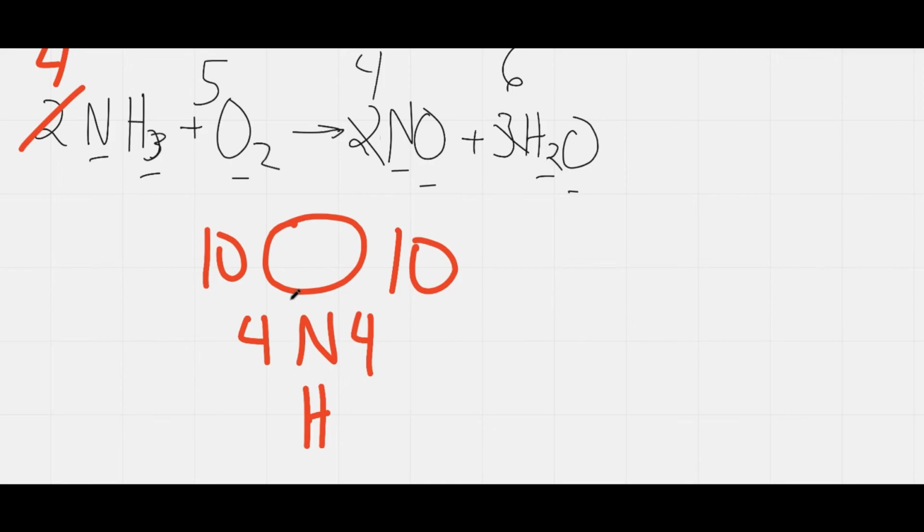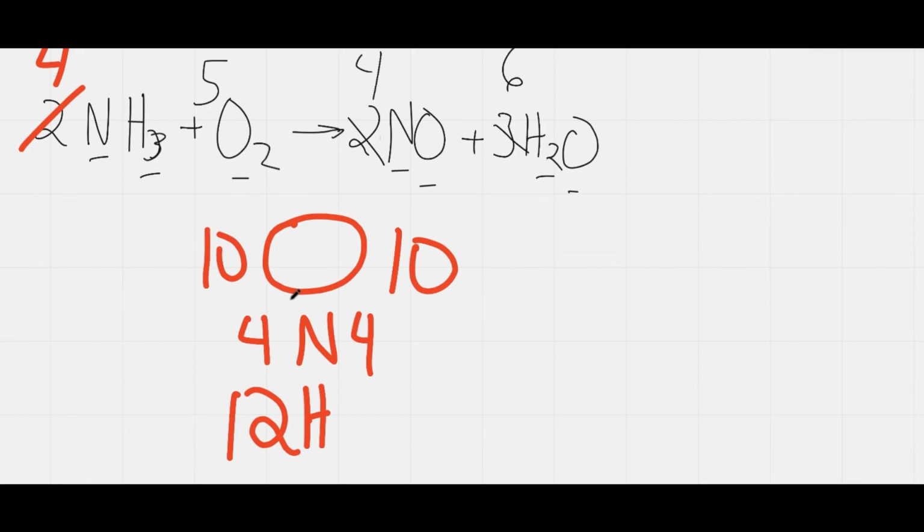So what about our hydrogens now that we've balanced our nitrogens? Because our oxygen's still the same. 5 times 2, that's 10. Then in this case, oxygens, we're looking at 4 plus 6, that's still 10. Nitrogens, we just changed, and then our hydrogens, since we doubled this, our hydrogens is now 4 times 3, 12.